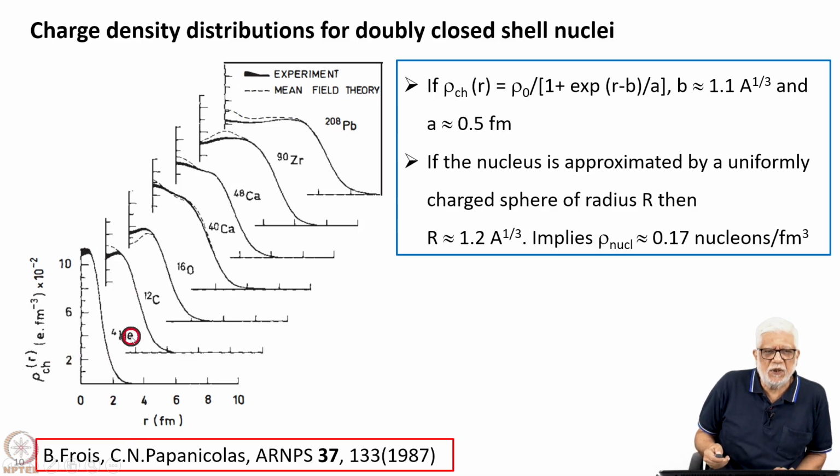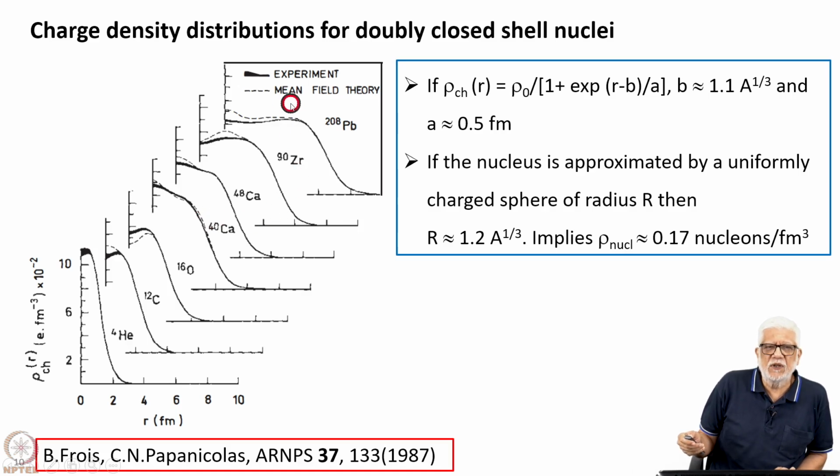Of course, this is a sample, there are many more nuclei for which this has been measured, but here are helium 4, which is just the alpha particle, carbon 12, oxygen 16, calcium 40, calcium 48, because calcium 48, as we saw earlier, has a bigger neutron skin, zirconium 90, and lead 208. So, this is compared to the experimental values that are inferred from this angular distribution up to fairly large q squared, of the order of 3 to 4 Fermi inverse.